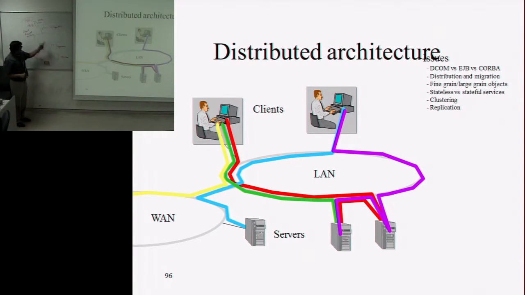And all the communication is through the stub and the skeleton. At the client side we call this interface stub, and at the server side we call it skeleton. Both are stubs actually, but to differentiate between the client and the server side, we call it skeleton. Otherwise it is also a stub.